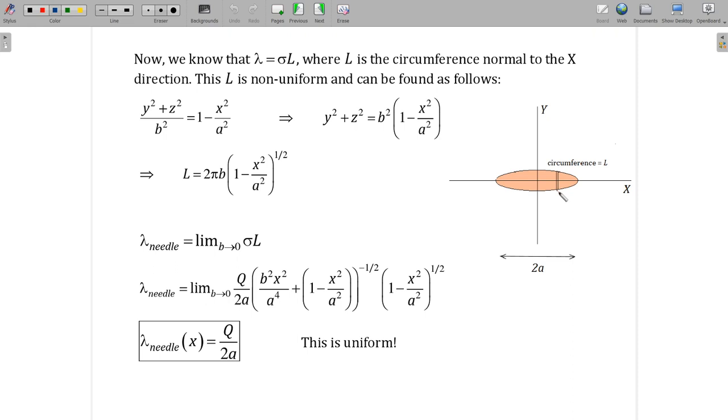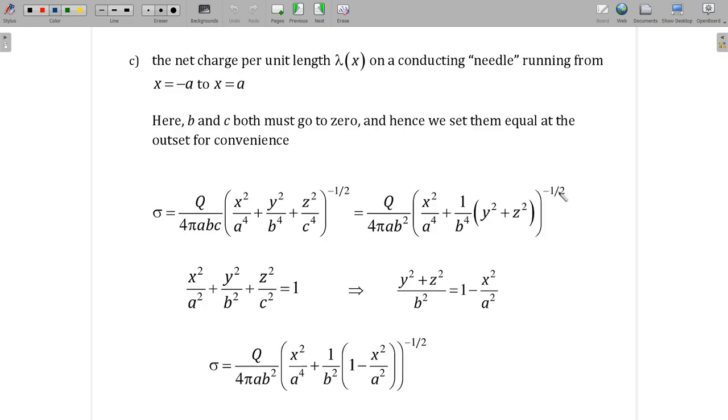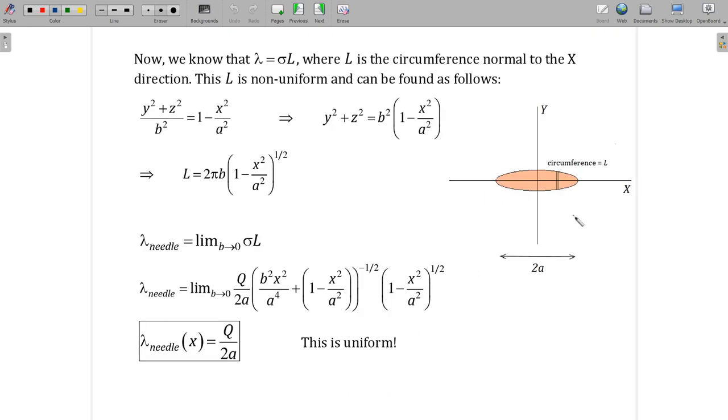So if I look at this formula that I've achieved here, this sigma only depends on x. So if I cut this object by two planes, as I've told you, I produce a strip which goes all around.